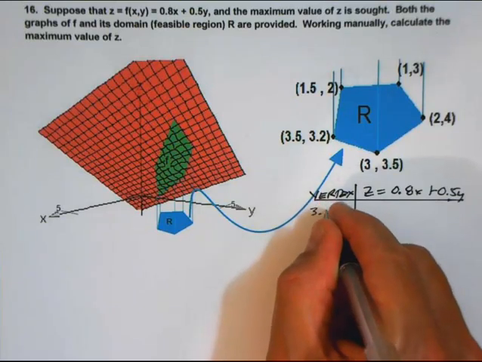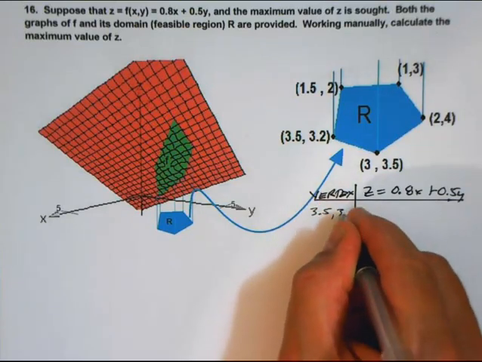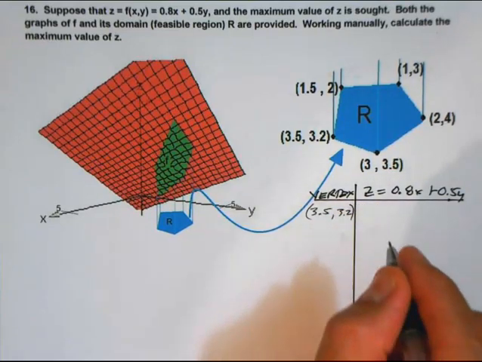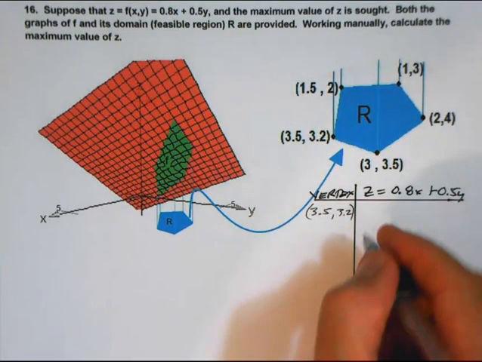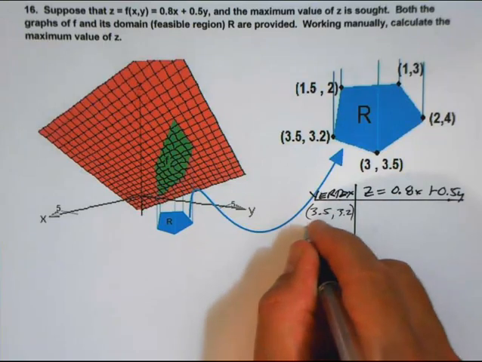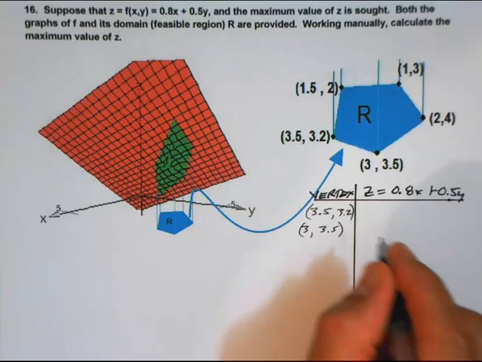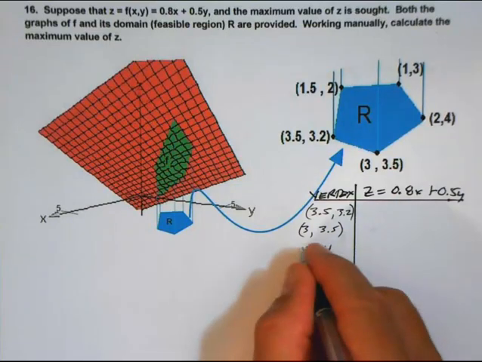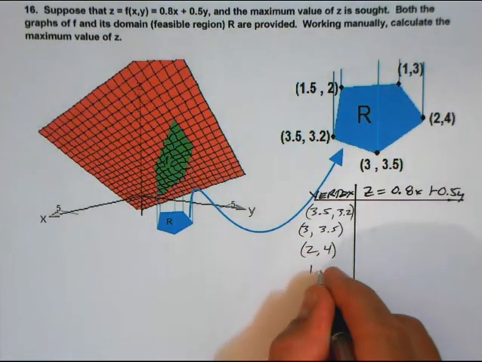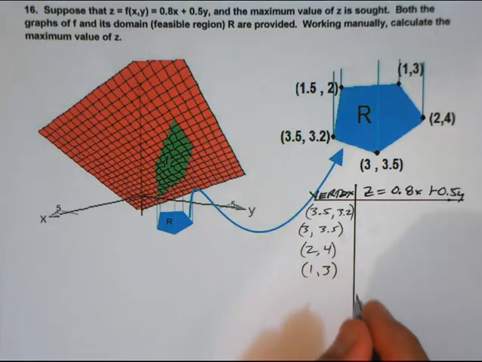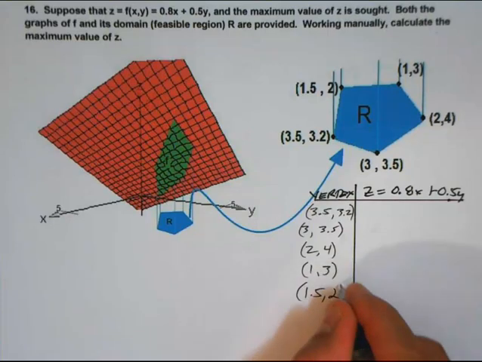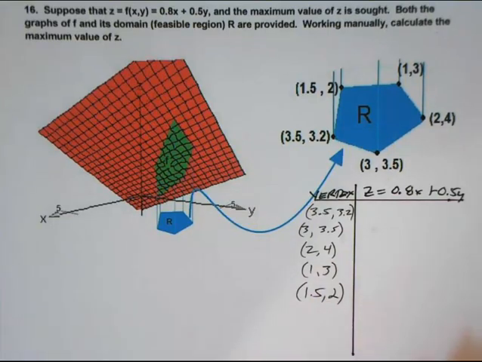So 3.5, 3.2. We'll go counterclockwise. 3.5, 2; 4, 1; 3, 1.5, 2. Alright, here we go.